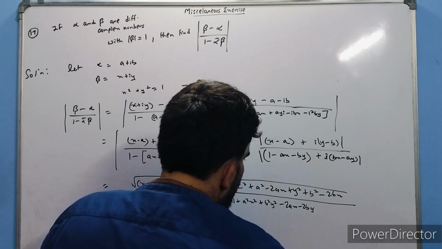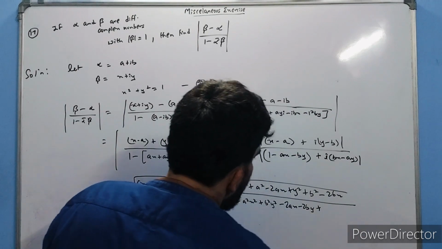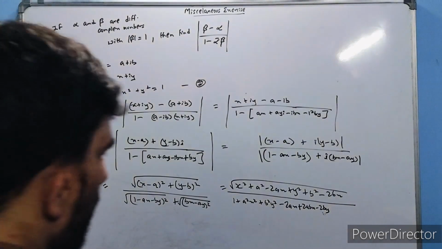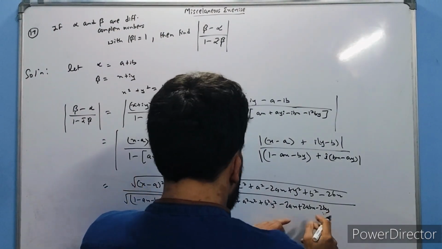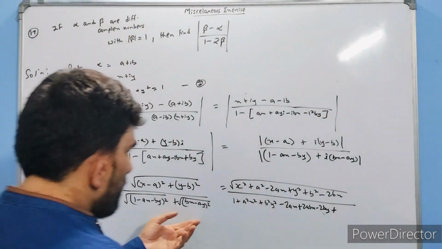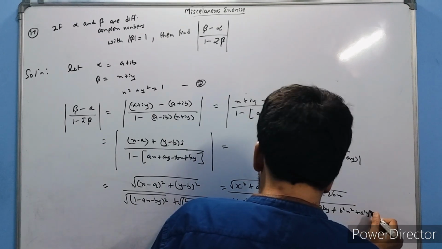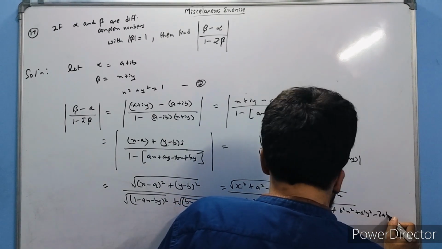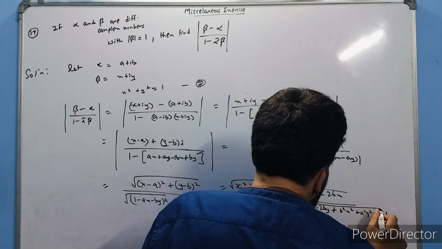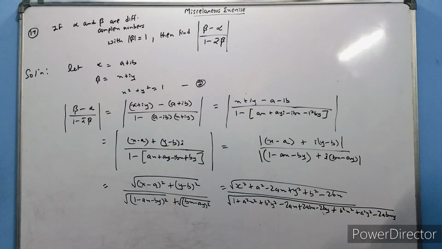Okay, 2ax, minus 2by, and plus b square x square plus a square y square minus 2abxy. Okay, this whole goes in one under root now.